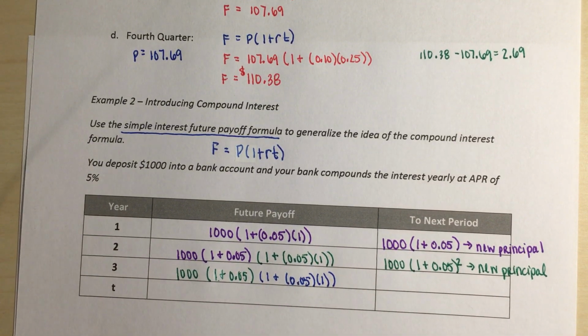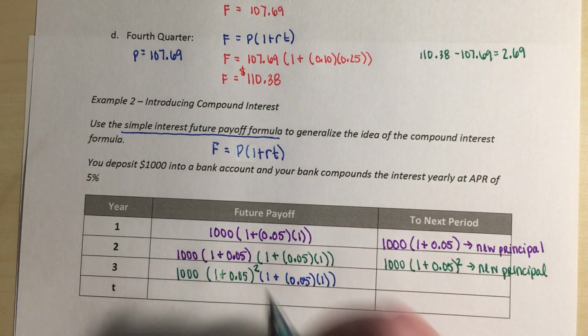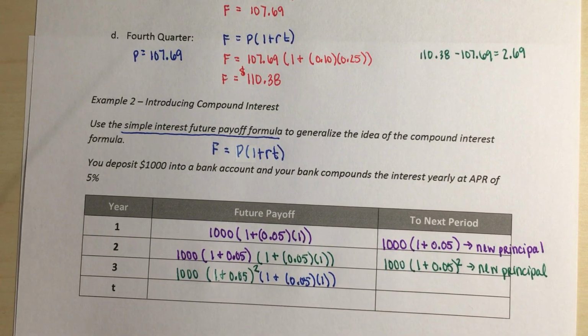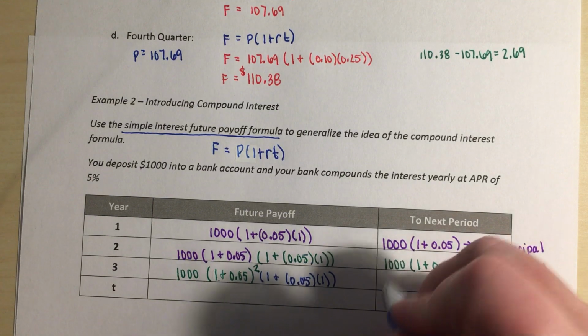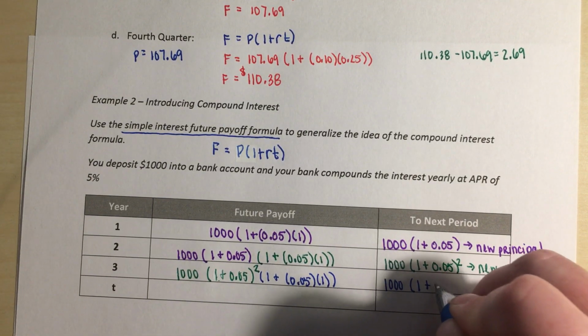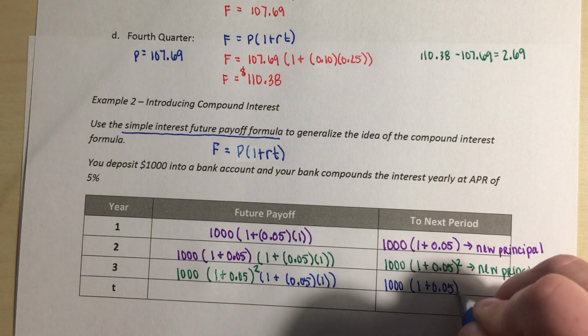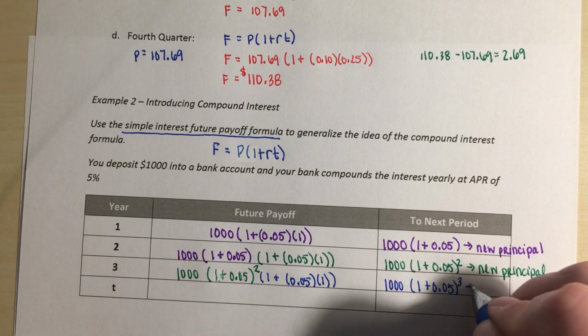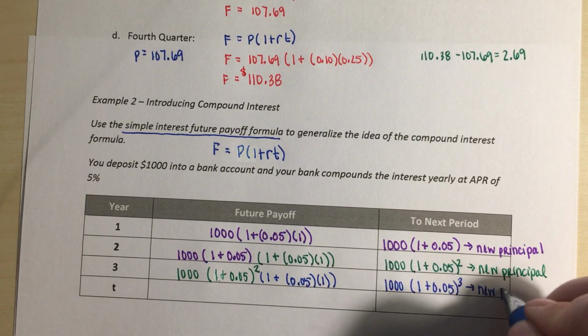Now we have 2 of these factors, and using exponential notation, we now have 3 of those. So we have 1,000 times 1 plus 0.05 to the 3rd power. That is now our new principal.